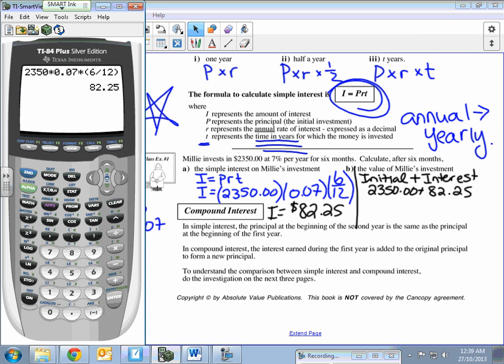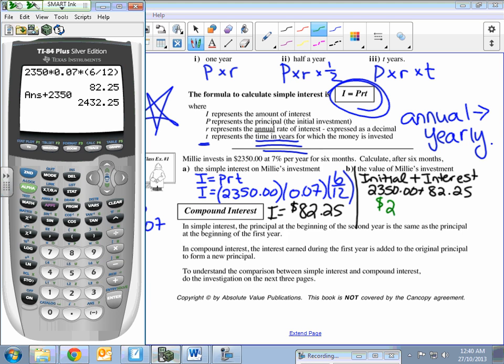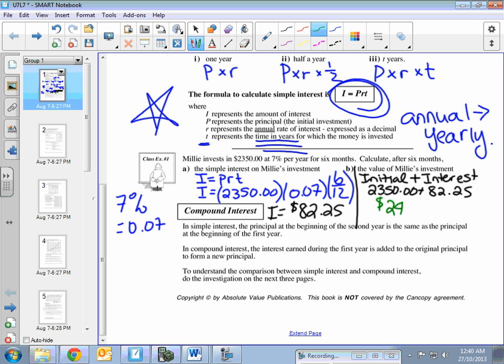If you want to do this in your head, go for it. But I know you guys like your calculator. Enter. So the value of Millie's investment here now is 2,432.25. So that is her total. All you're doing is just taking your initial, adding the interest.